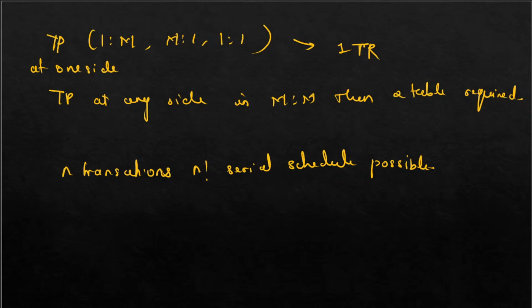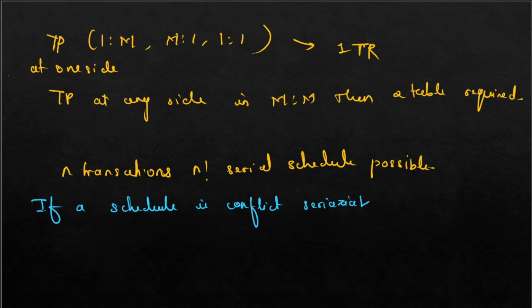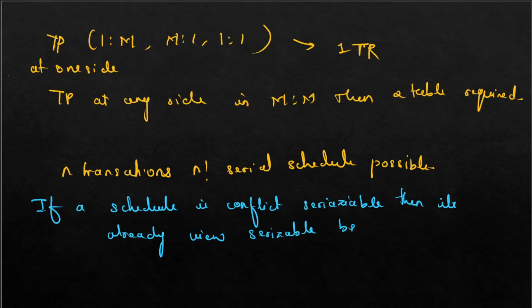Okay, and if a schedule is conflict serializable, then it is already view serializable, but vice versa is not true. Not true. Okay, everyone.